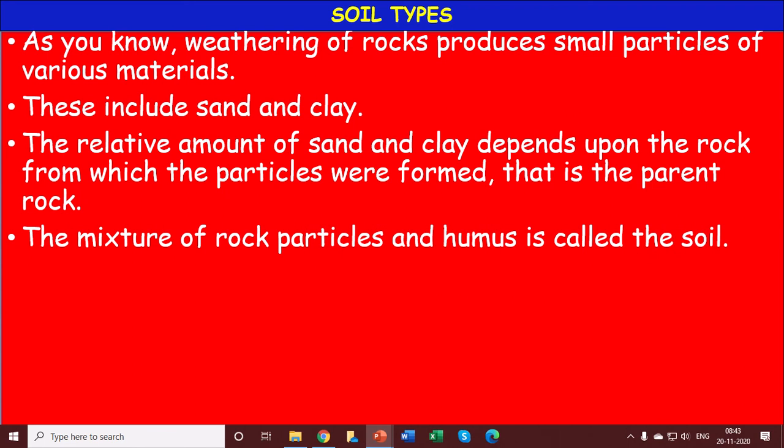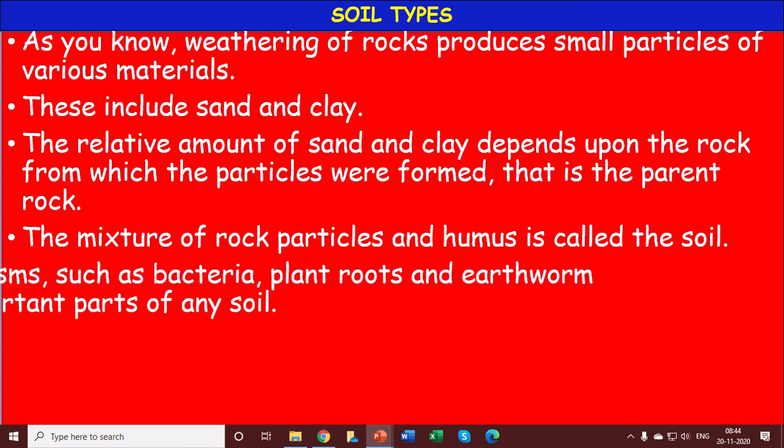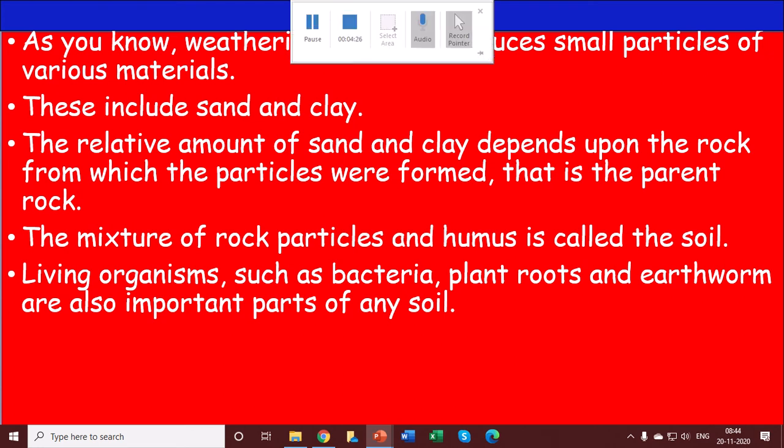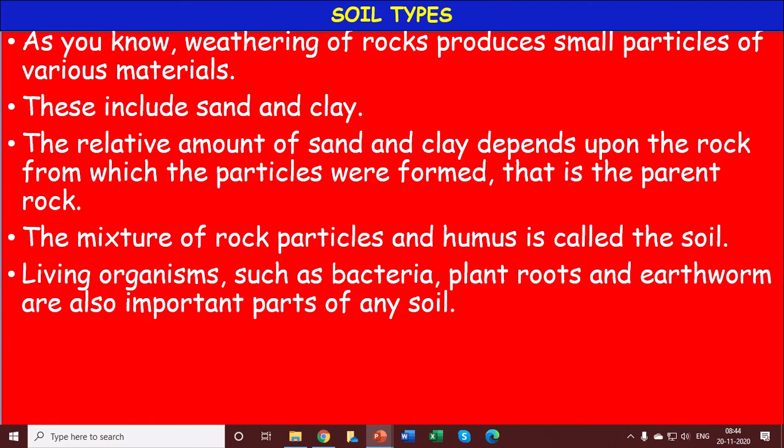The mixture of rock particles and humus is called soil. How can we define soil? Soil is the mixture of rock particles and humus. The living organisms such as bacteria, plant roots and earthworms are also important parts of any soil. If you take any soil, as we discussed, the topsoil contains living conditions like moisture, air, minerals or food particles, organic matter, humus.